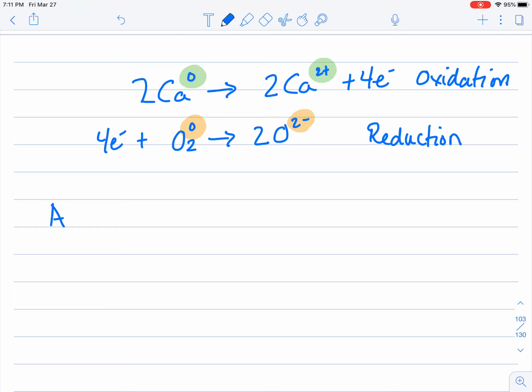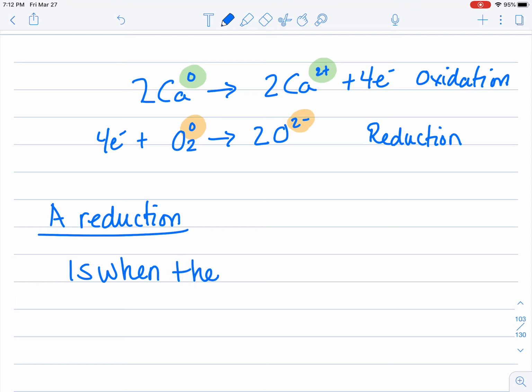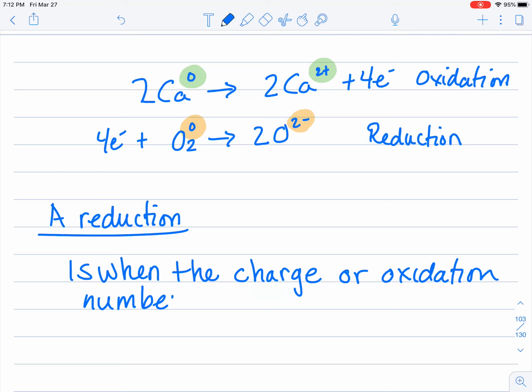In terms of this method, a reduction is when the charge or oxidation number, which we're going to talk about in just a minute, gets smaller. Another way of saying gets smaller is it is reduced.